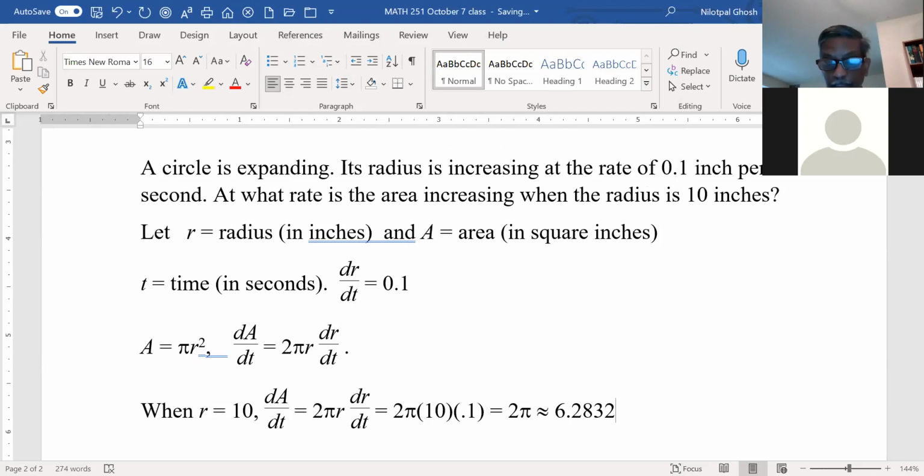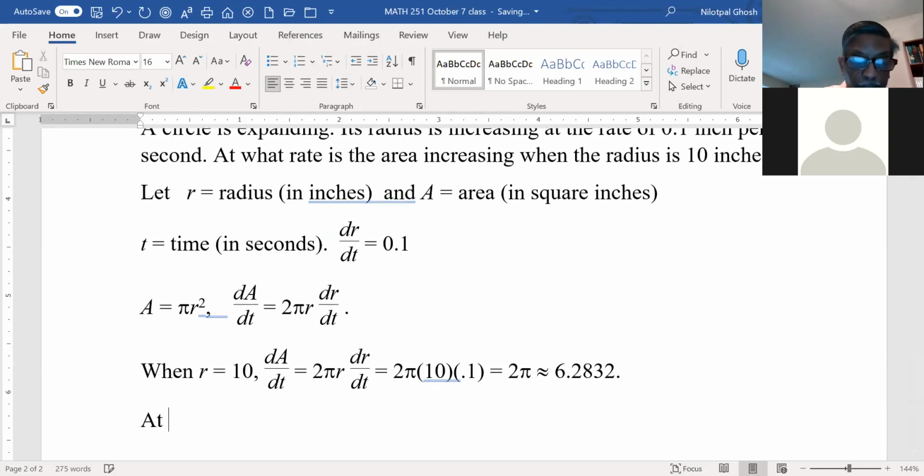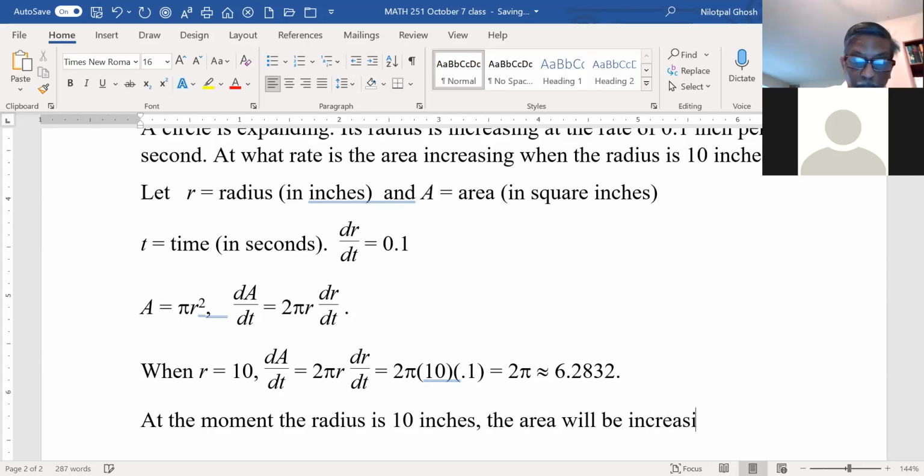So we can say finally as our answer, try to give your answer in plain English also: at the moment the radius is 10 inches, the area will be increasing at the rate of 2 pi square inches per second.